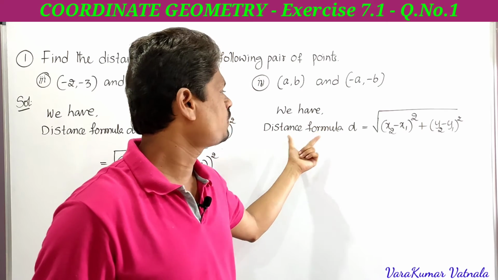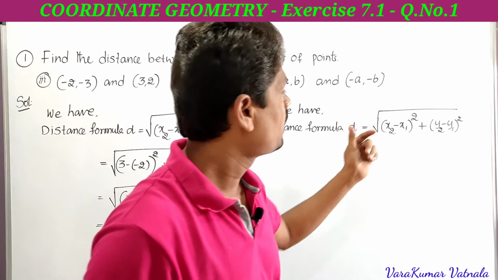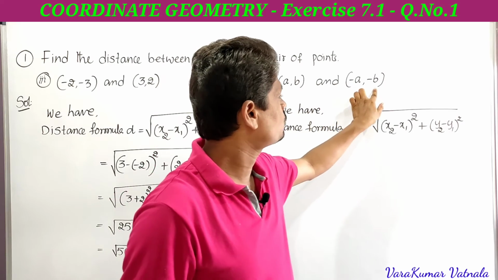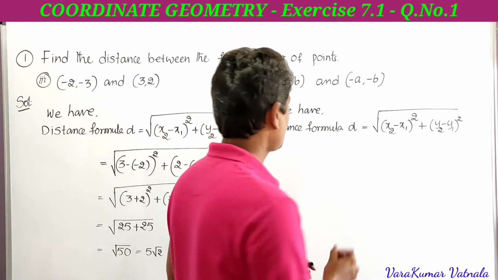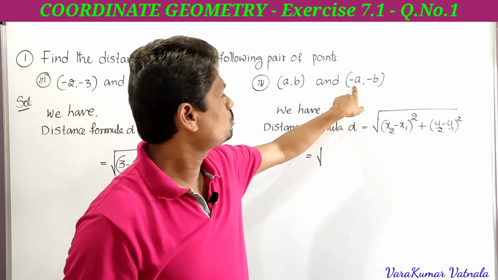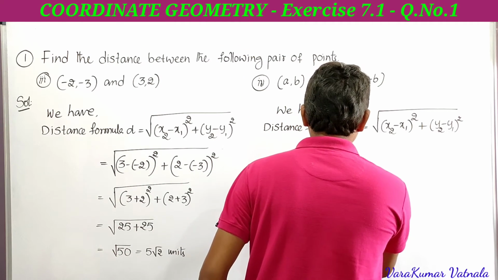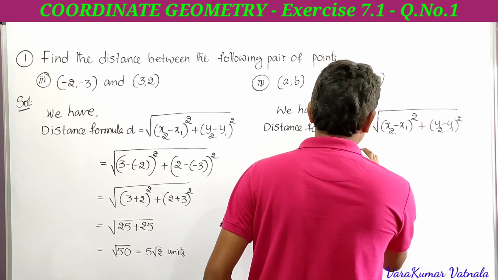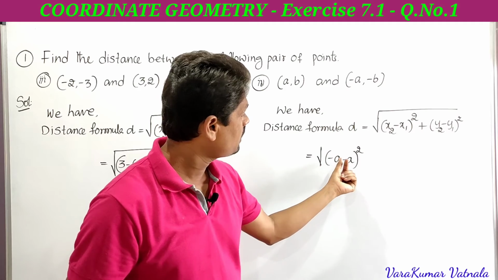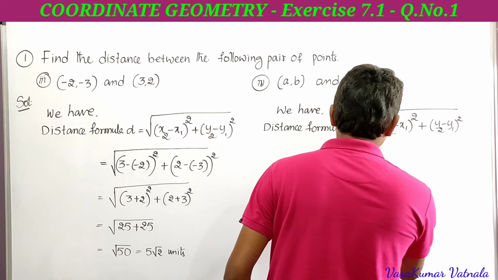We have the distance formula d is equal to the square root of x2 minus x1 whole square plus y2 minus y1 whole square. Here it is x1, y1 and x2, y2. We simply have to substitute in the formula. So x2 is minus a, x1 is a, so x2 minus x1 is minus a, whole square.